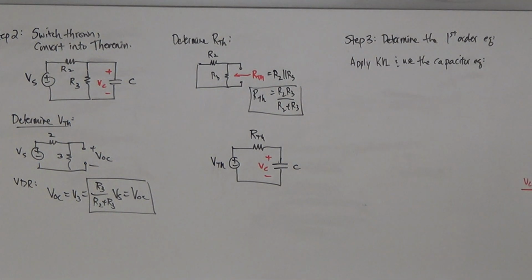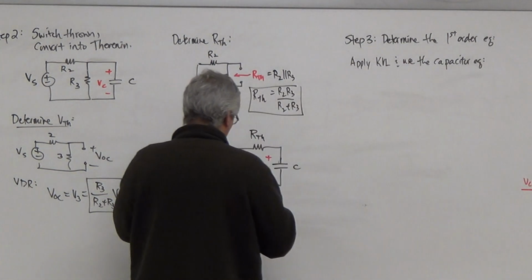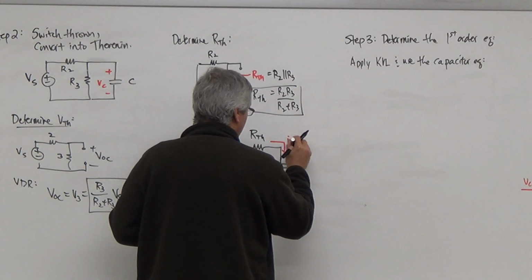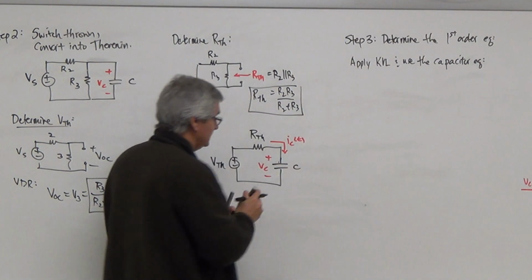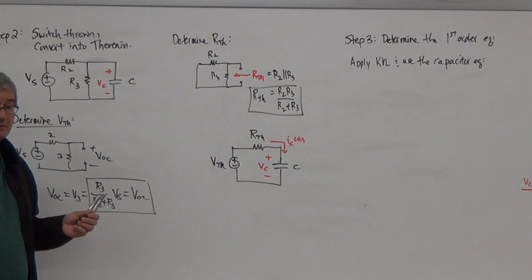Right? I'm going to use the capacitor equation. So, in this circuit, we assume here, and rightfully so here, that because they're in series, all of these elements have the same current.